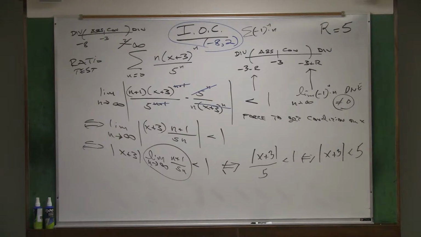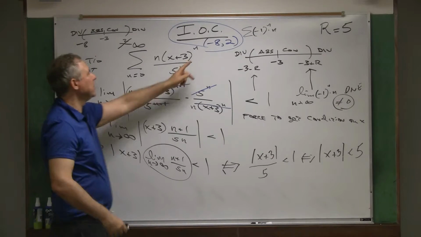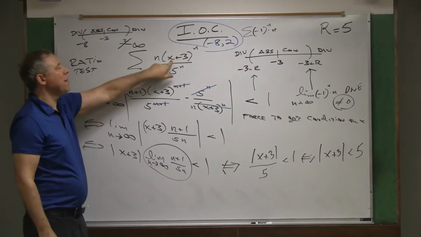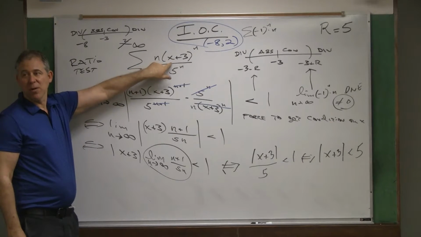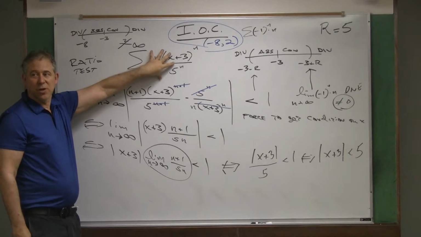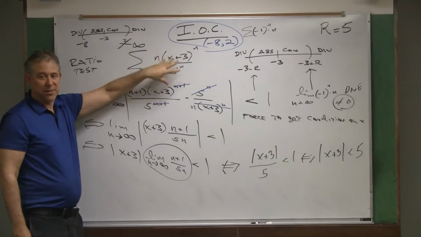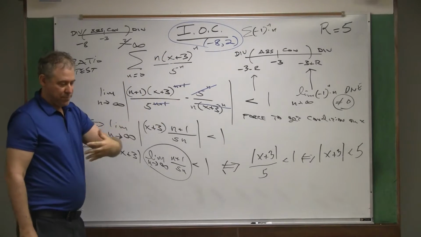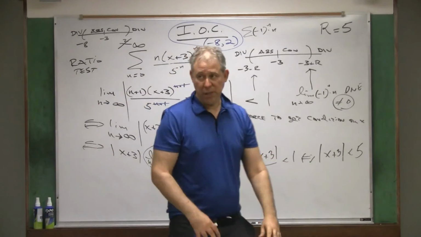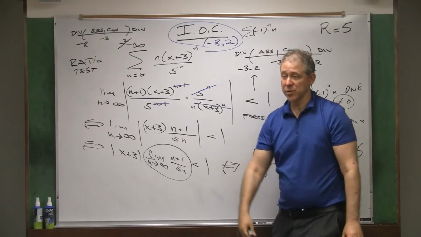So we're taking those individual numbers, -8 and 2, plugging them back in for the variable in the original power series, and determining by our knowledge of series whether those converge or diverge.